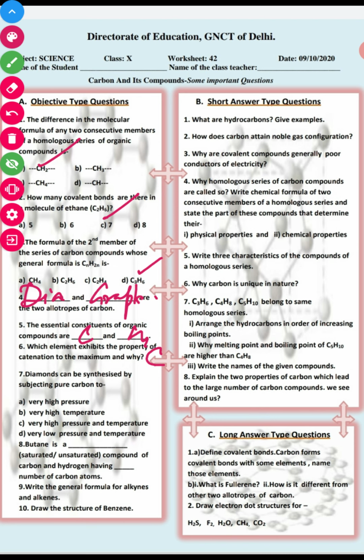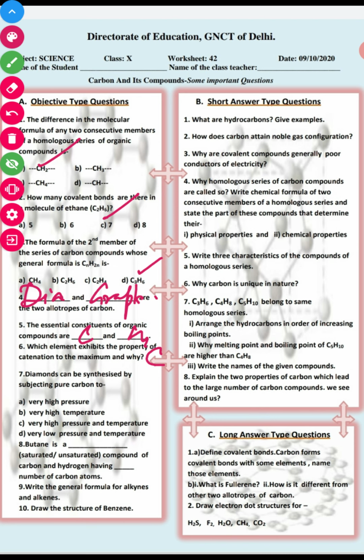Carbon shows the property of catenation to the maximum extent because of its electronic configuration and tendency to form strong covalent bonds, right? So you can write: because of its electronic configuration and strong covalent bonds.